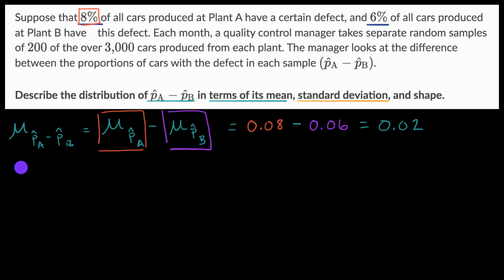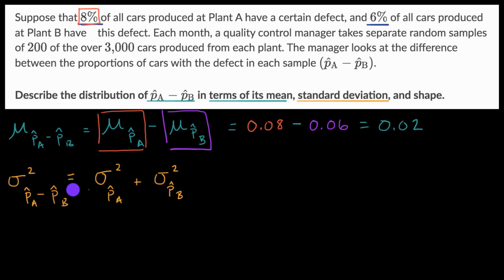So if we're looking at the variance of the difference of these sample proportions, the sample proportion from plant A minus the sample proportion from plant B, just as a review, if you assume that we're sampling independently from each of the plants, so what we're sampling from plant A does not affect what we're sampling from plant B, or vice versa, then we can add the variances. So this is going to be equal to the variance of the sample proportion from plant A plus the variance of the sample proportion from plant B.